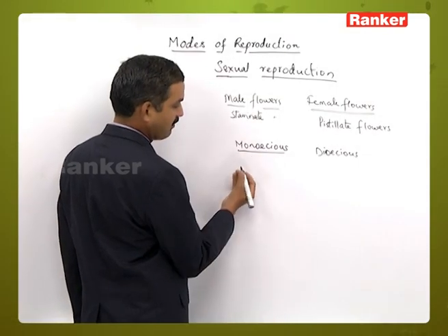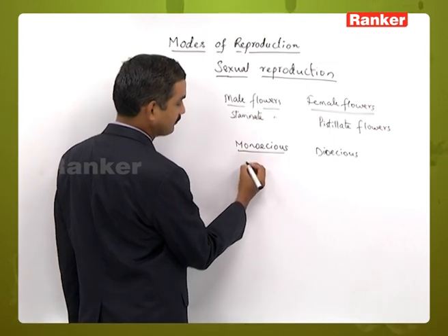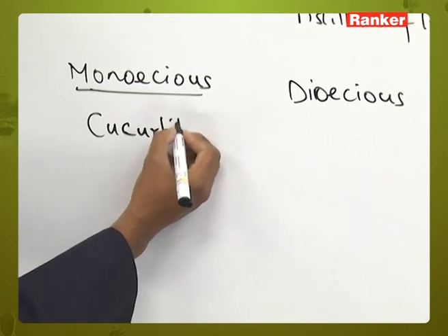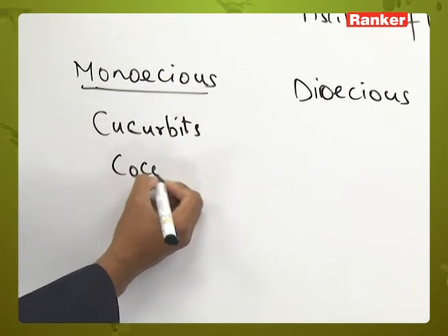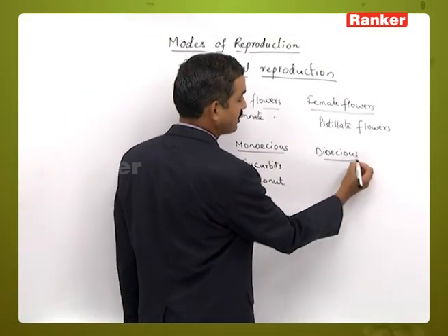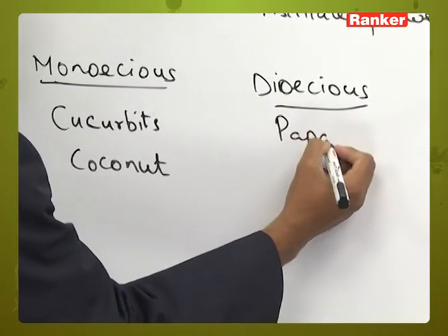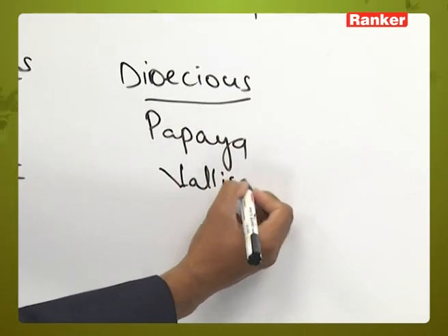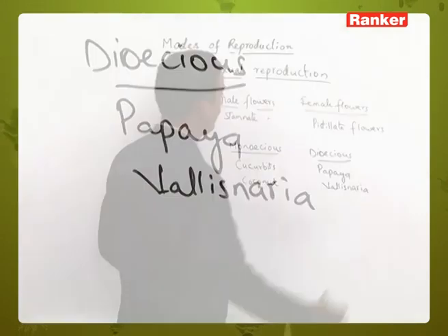Monoecious condition, as we are saying, can be seen in cucurbits and coconut, whereas dioecious condition can be seen in papaya and Vallisneria.